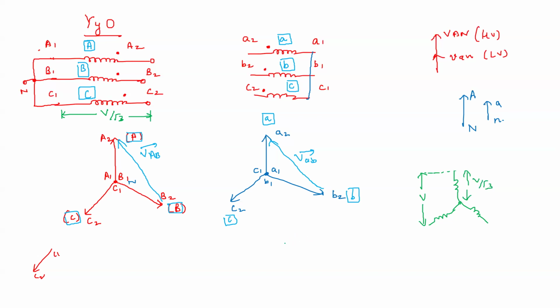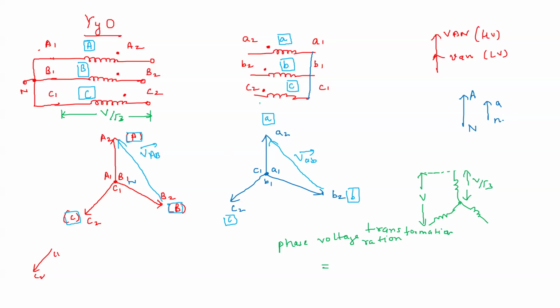First of all, this phase voltage ratio, transformation ratio, is like this. On this side you have V by root 3.